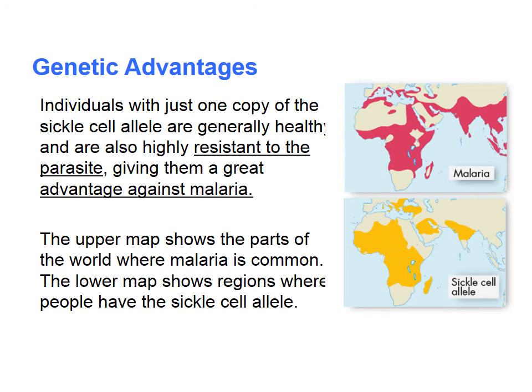So people who are heterozygous for sickle cell are resistant to malaria. And so if you've got people who are homozygous for sickle cell dying from sickle cell, and then you have people who are resistant to malaria who are heterozygous, that keeps the allele in the population. Okay?